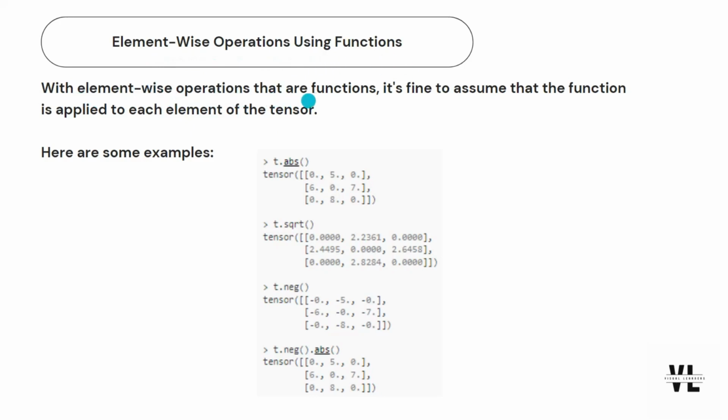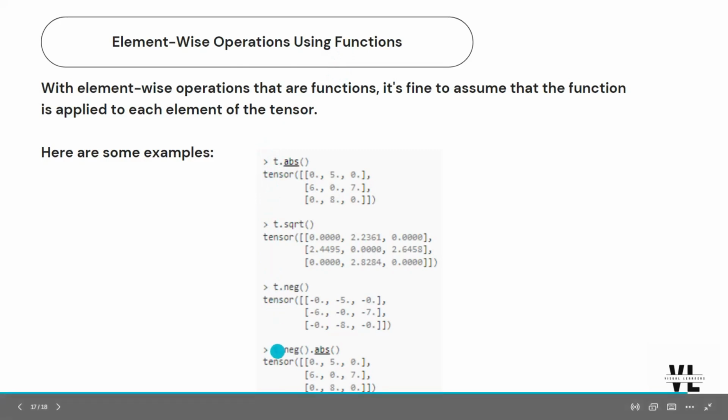With element-wise operations that are functions, it is fine to assume that the function is applied to each element of the tensor. There are a lot of built-in functions in PyTorch that we can use, such as the absolute value, square root, negative, and taking the negative and then the absolute value.